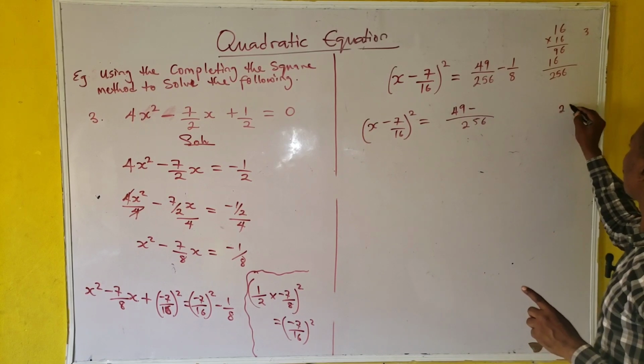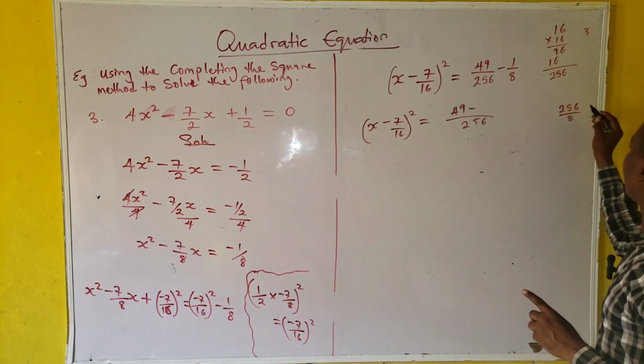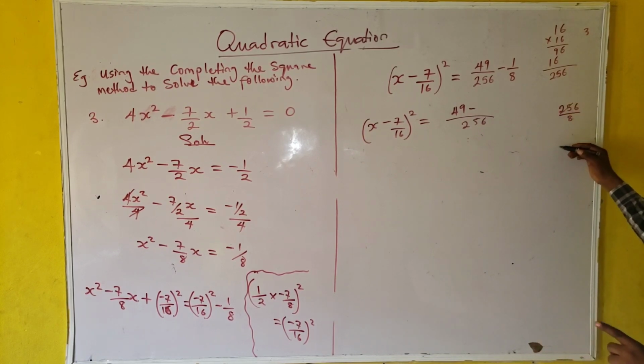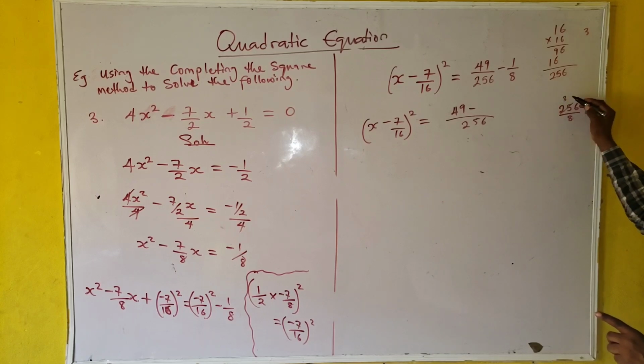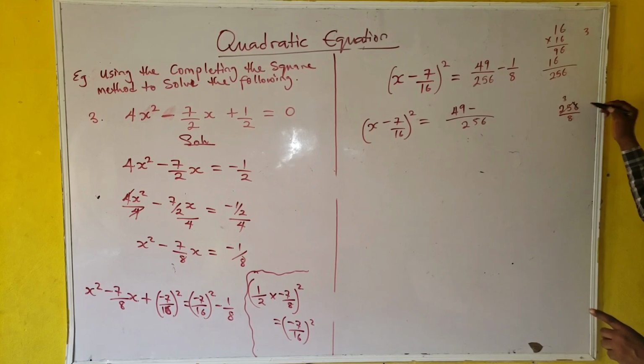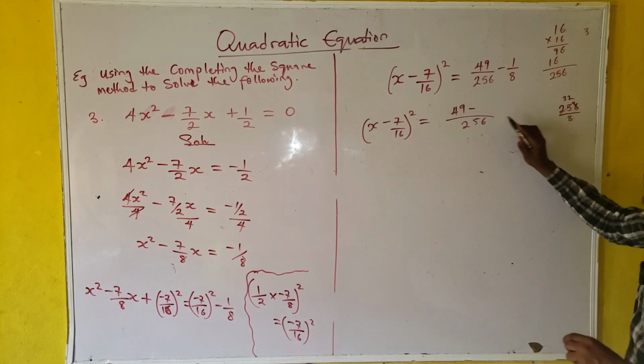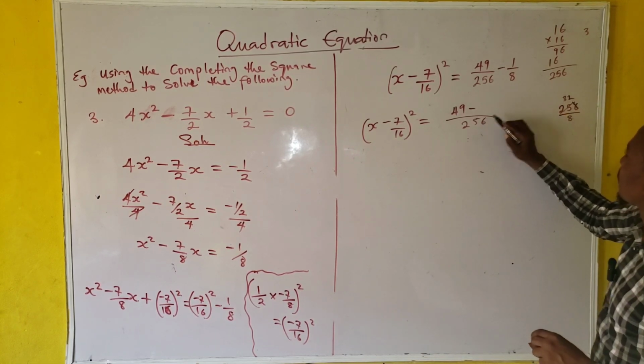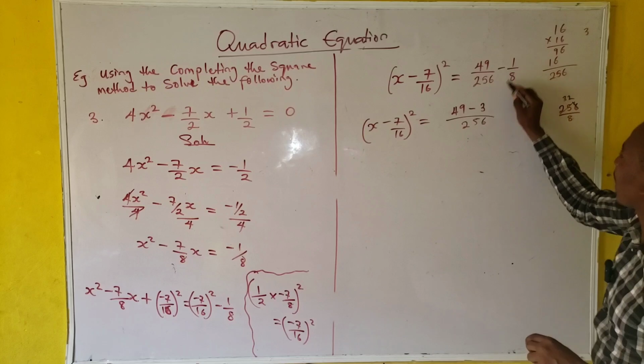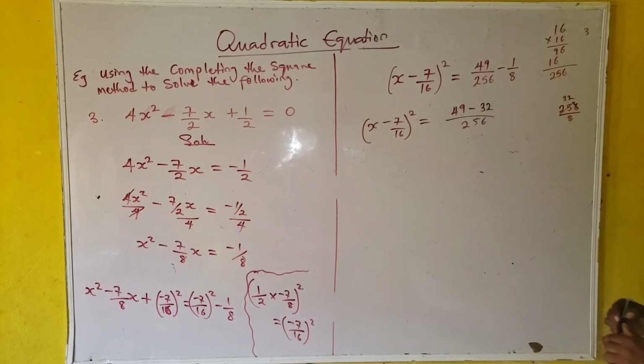So let's divide 256 by 8. 8 in 25 will give us 3. Remember 1, so we put that 1 here. 8 here will give us 2. So 32 times 8 will give us 256. So this divided by this will give me 32. 32 times 1 will still give me 32.